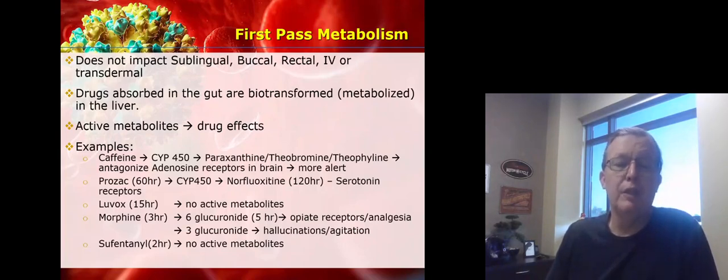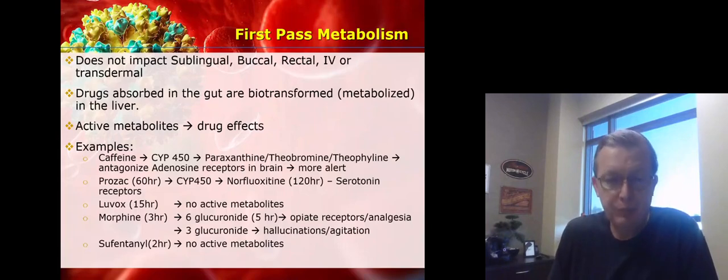So a drug you may be more familiar with is morphine, which gets listed as a 3-hour half-life. There are 2 compounds that contribute to the effects of morphine. So 3-glucuronide is one of the compounds that morphine is metabolized to that causes some people to have the experience of having hallucinations or agitation. 6-glucuronide has a 5-hour half-life.